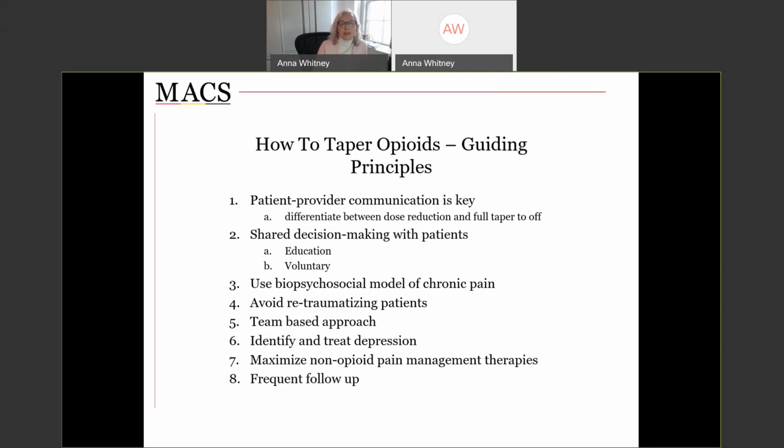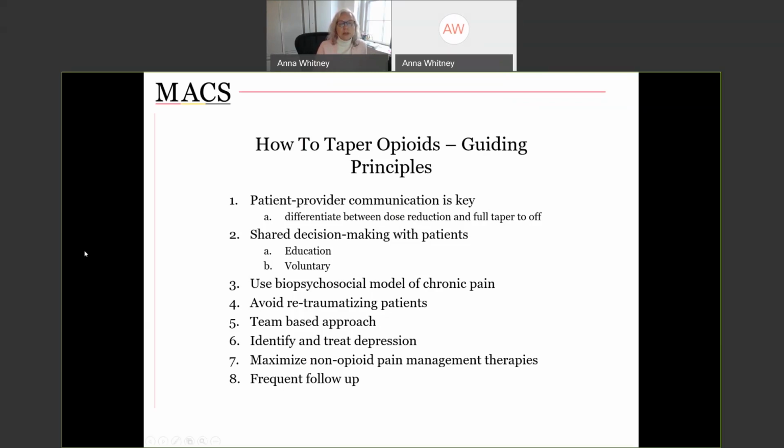And making that shared decision with the patient, providing the education, and leading patients to a place where they really voluntarily want to try this. As I mentioned, surveys really suggest that large percentages of our patient population who are taking long-term opioids would actually like to try coming down, if not fully coming off.